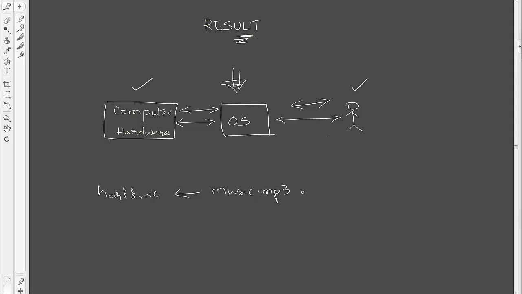So what really happens is when you double click, it starts playing, and you hear the music from your speakers. So the hardware is doing all the job, but the operating system is right in the middle between the hard drive and the human being. So it is the interface between the hard drive and the human being. So that's how the operating system fits into this whole thing.